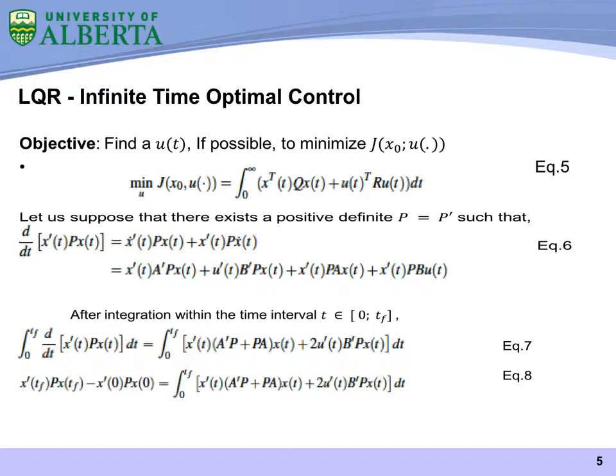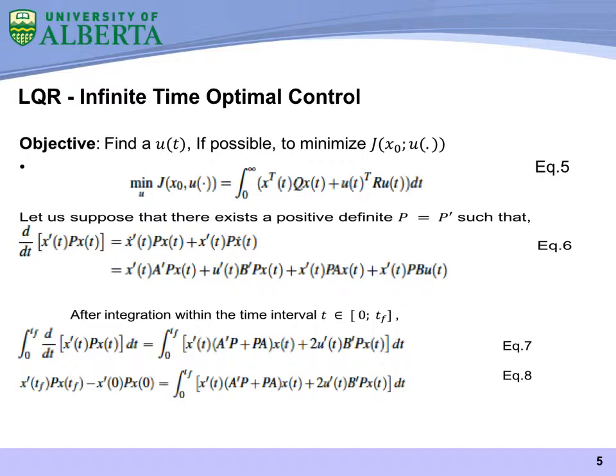Okay, let's prove that. Let's suppose that there exists a positive definite function such that x transpose P x(t) is some quadratic function here. So I'm saying x transpose(t) P x(t) is something like a positive definite function.